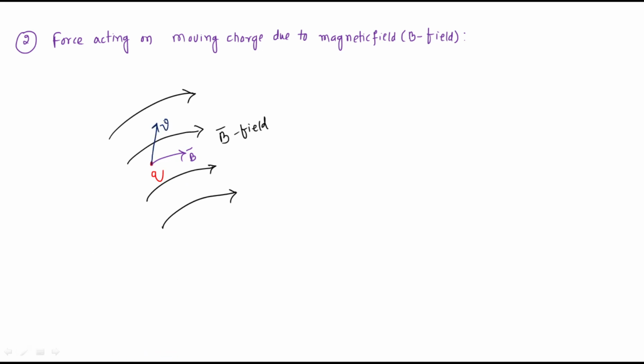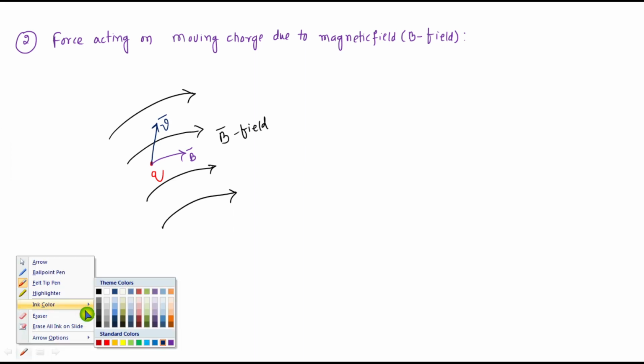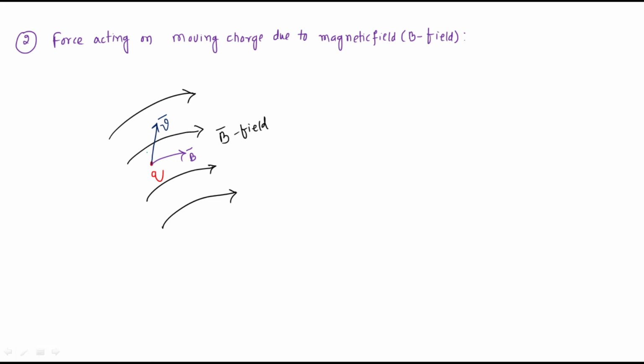Velocity should be like this, and the corresponding force is perpendicular to velocity and the field. The force, the velocity of the charge and the field lines should be 90 degrees with respect to each other.